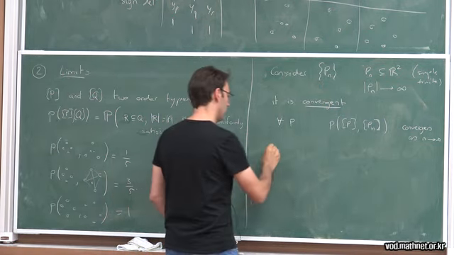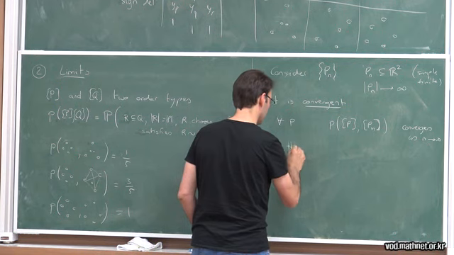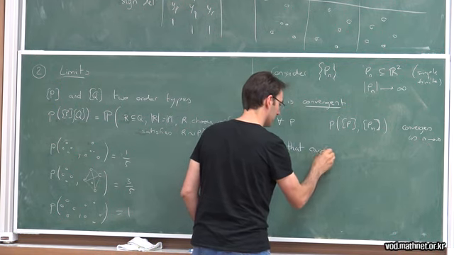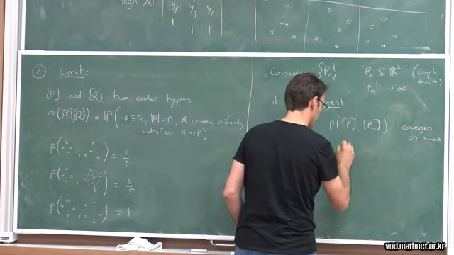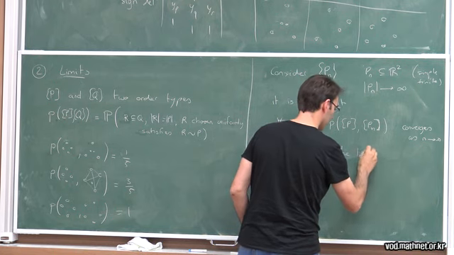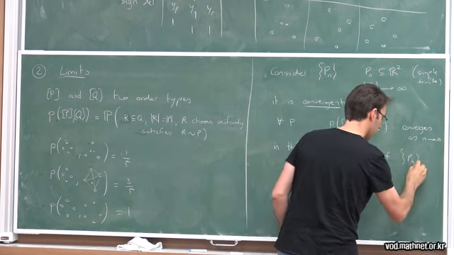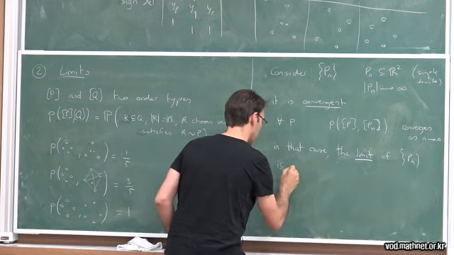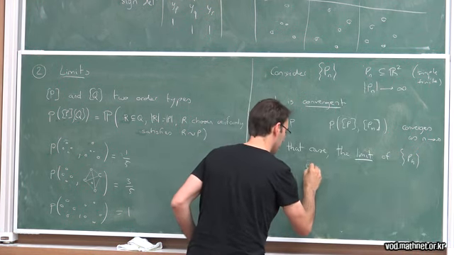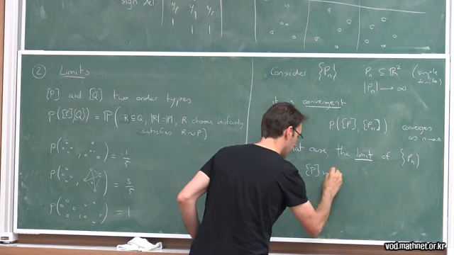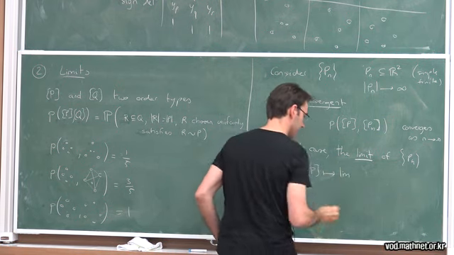And in that case, the limit of the sequence Pn is a map that sends an order type to the limit of its densities.